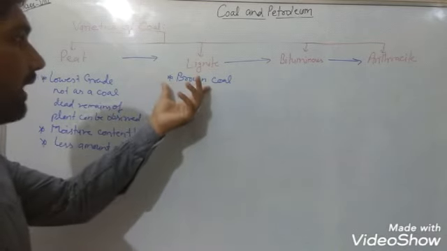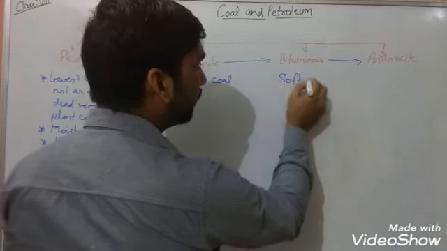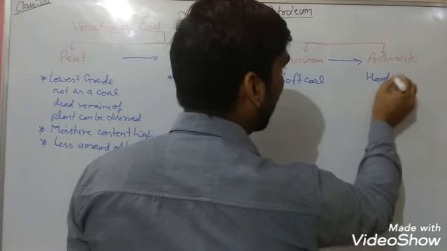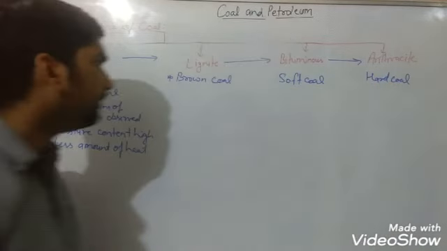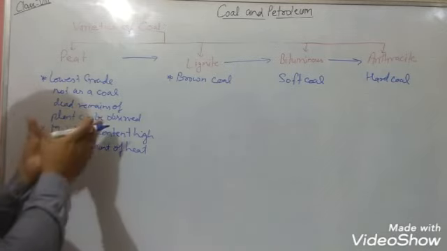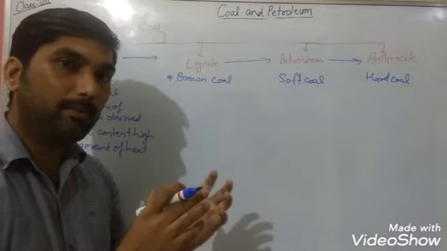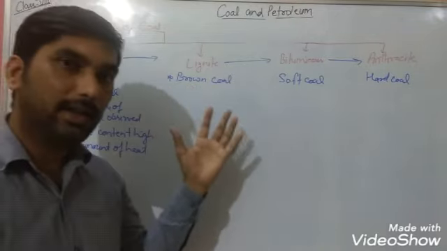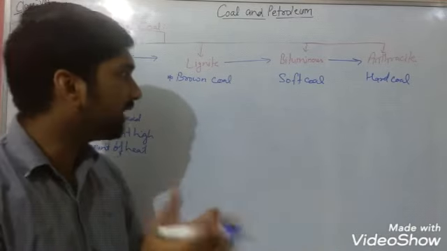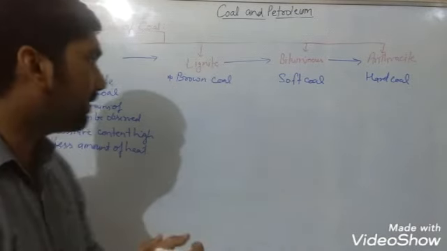So lignite is considered as brown coal, bituminous is considered as soft coal, and the anthracite is considered as hard coal. Here in peat we can see the remains of dead plants, but they will not be present in the exact form like the leaves or the veins, because they will be converted into another physical structure.